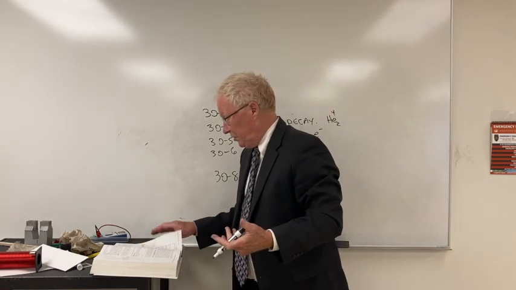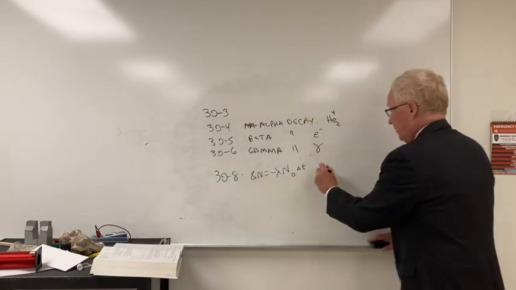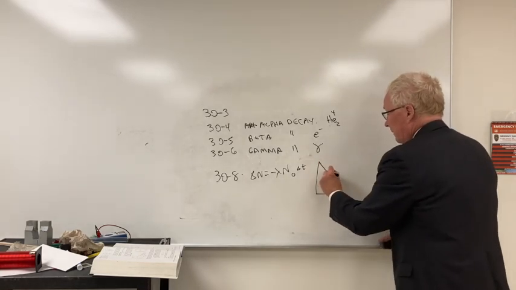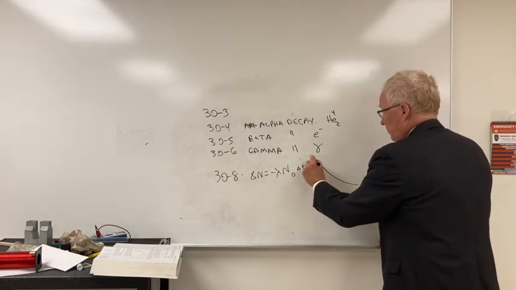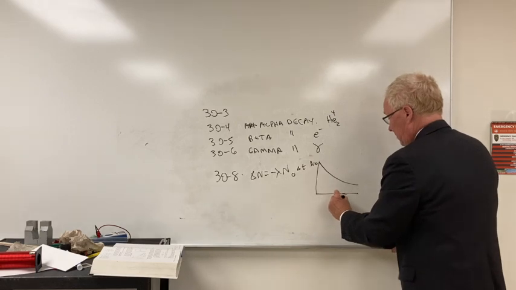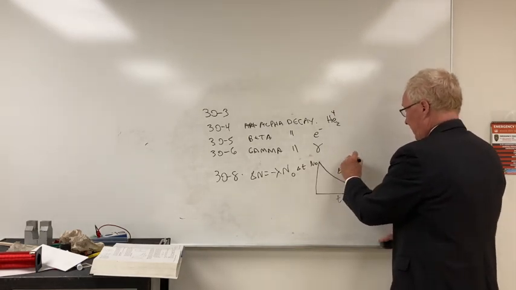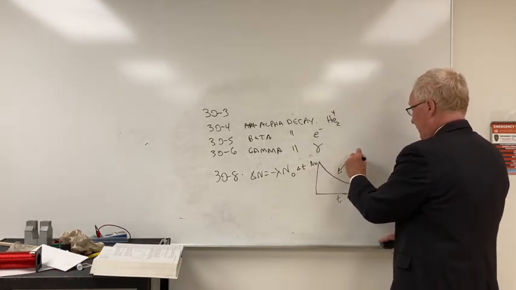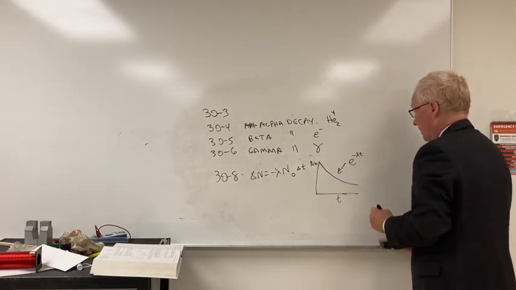So what this leads to is an exponential decay, as we talked about. This is what we start with, and this is time, and this graph is e to the minus lambda t.